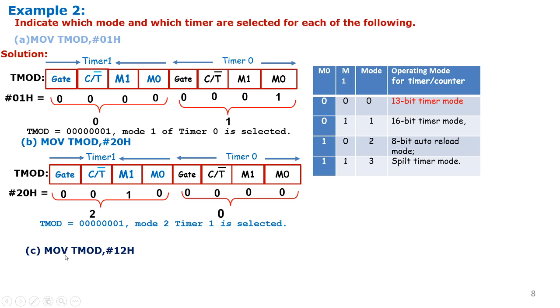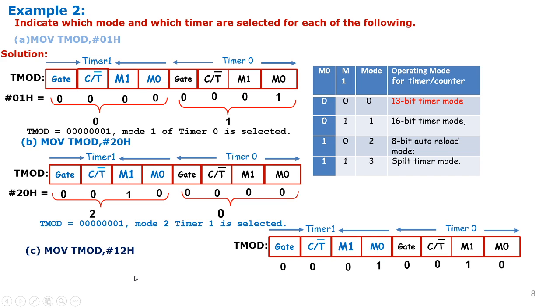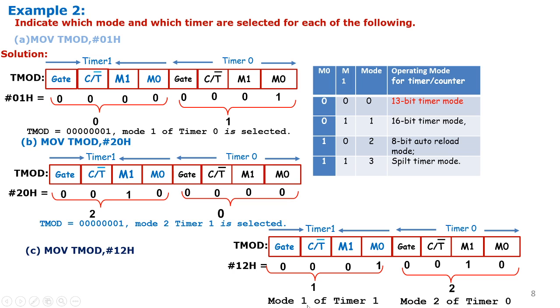If we use the instruction MOV TMOD, #12H, then both timer 0 and timer 1 get selected. So this 1 means 0001 and 2 means 0010. That means this will select timer 1 in mode 1, and timer 0 in mode 2.